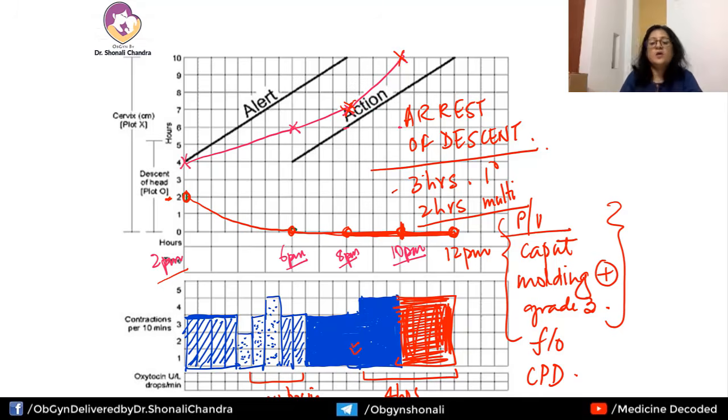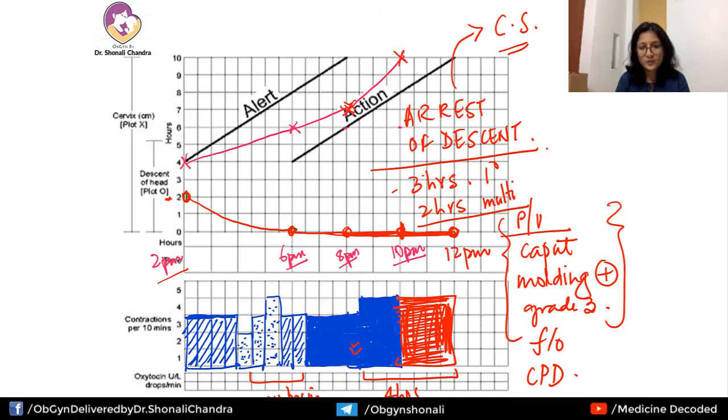So if arrest of descent happens, then the next management is expediting delivery. At 0 station, I cannot apply any instruments, so I will have to see what is the best course of action, whether I could apply a vacuum or forceps, or whether I will have to go for a cesarean section.